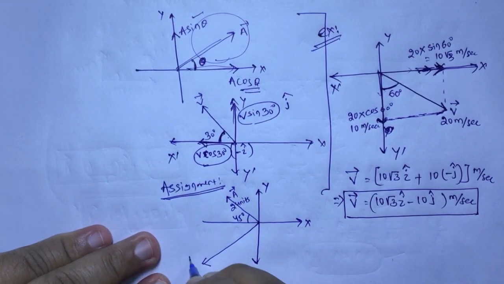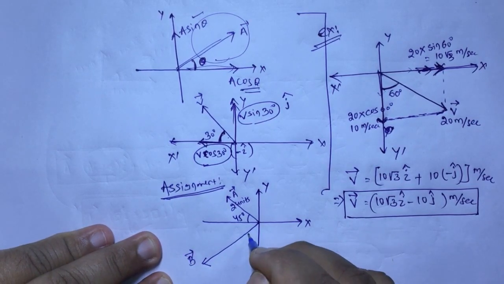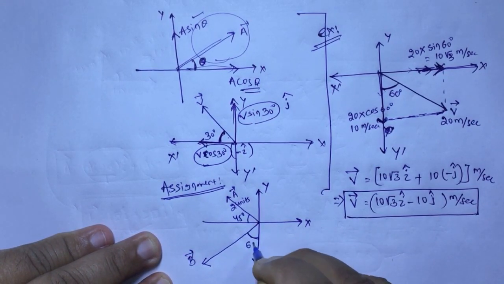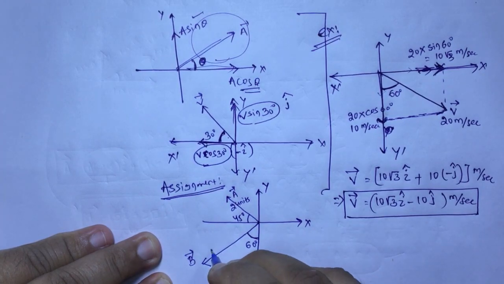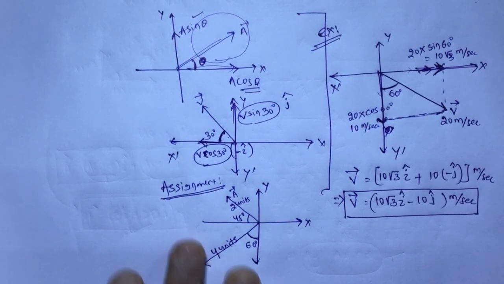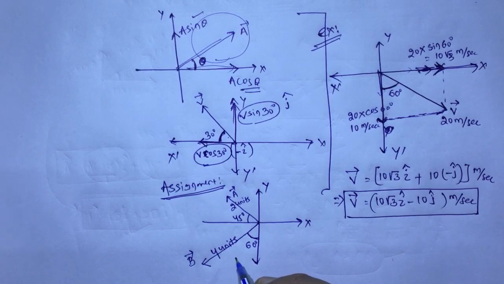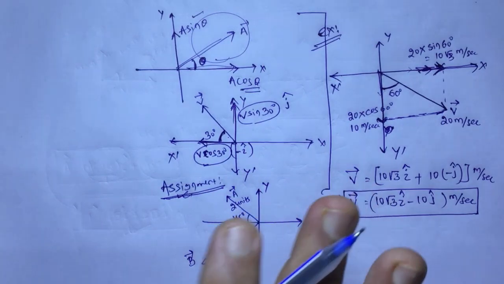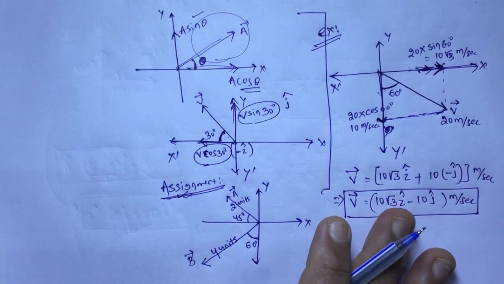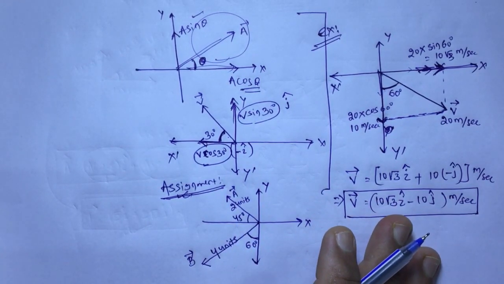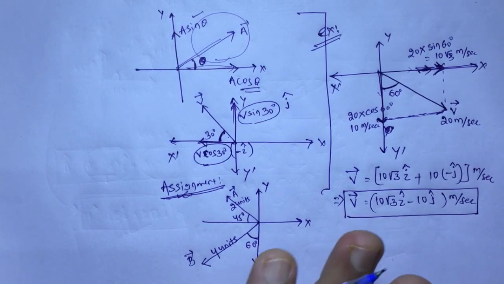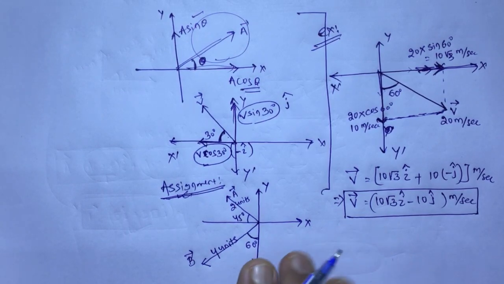This angle is given as, let us say, 60 degree and its magnitude is 4 units. So you have to write the mathematical form of a vector and of b vector. This is your assignment. And remember the trick of how to write it. It is very important, not only for class 11 but also for class 12 and entrance exams and higher classes. This is very important to find how to resolve a vector.